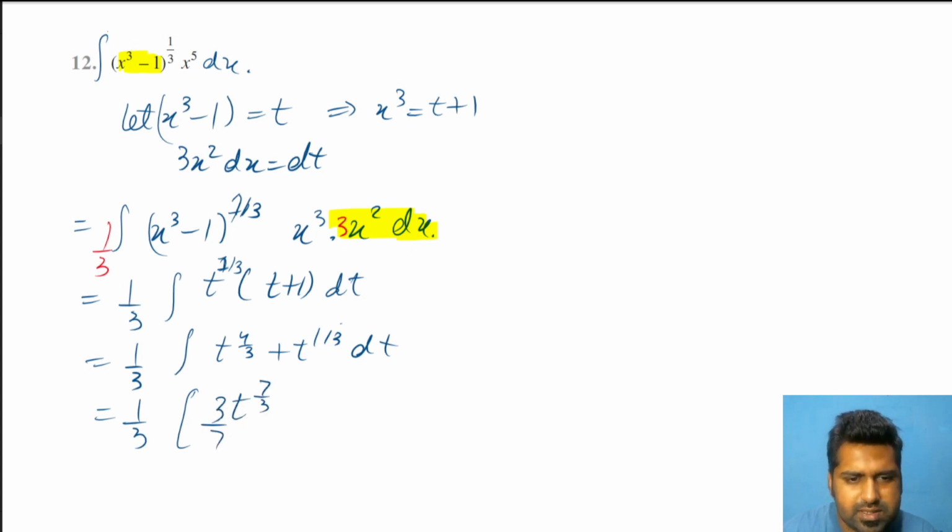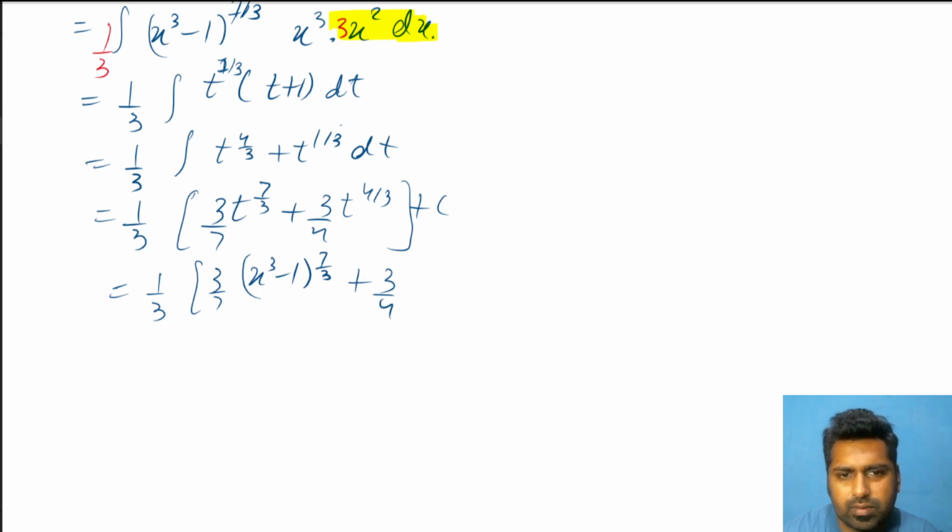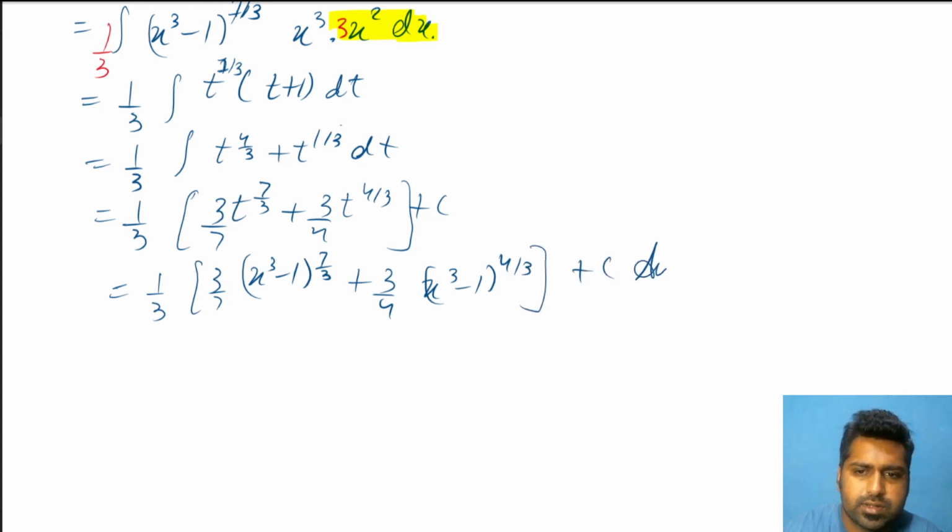So this will be 3 by 7, plus 1 by 3 plus 1 is 4 by 3, plus 3 by 4, plus c. So you can replace the value, 1 by 3, 3 by 7, t is x cube minus 1. So x cube minus 1 raised to power 7 by 3, 3 by 4, x cube minus 1 raised to power 4 by 3 plus c. That's your answer.